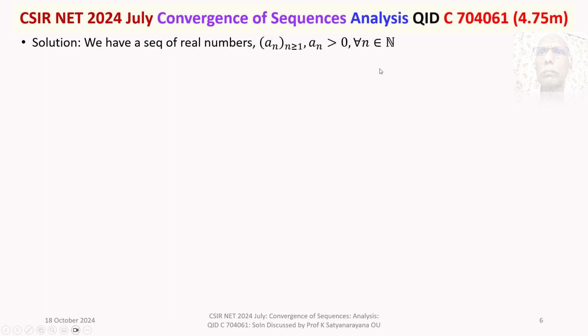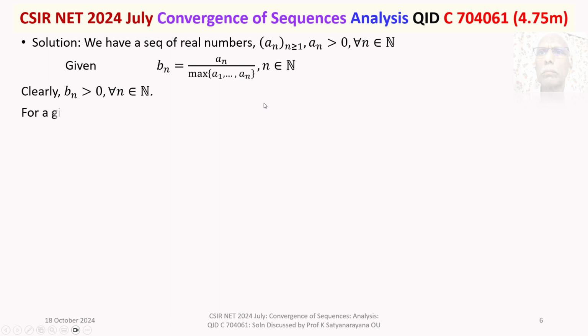We are given b_n is equal to a_n, the nth term, by the maximum of the first term a_1, a_2, ..., a_n, the nth term, for each n belongs to N. Because each a_n is greater than 0, b_n is also greater than 0. Clearly, b_n is positive for all n belongs to N.